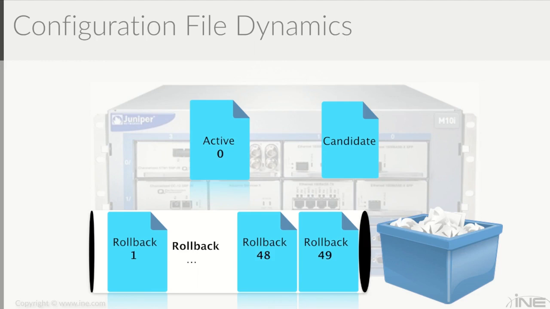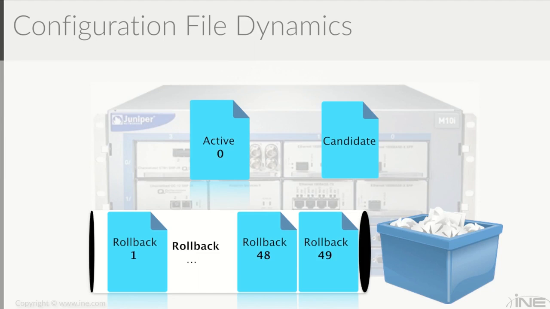What makes the difference is a single command called commit. When you commit, every single change that you have entered into the candidate configuration, the draft configuration, now becomes operational, becomes active. Does that make any sense?